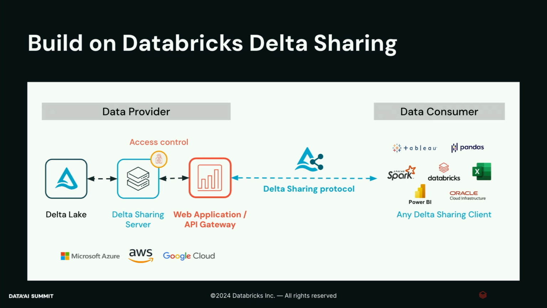You can still leverage the Databricks data sharing service as the backend, so it will help you handle data governance as well as credential vending. It will help you generate short-lived tokens for your customers. And then you can put your own web application or API gateway in front of the Databricks data sharing server, and it still speaks this data sharing protocol with your customers.